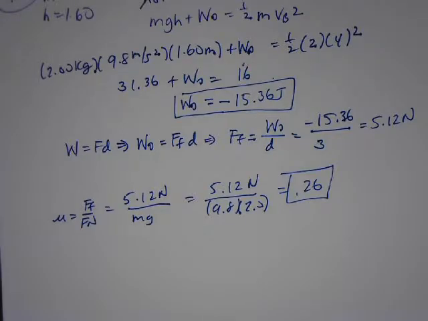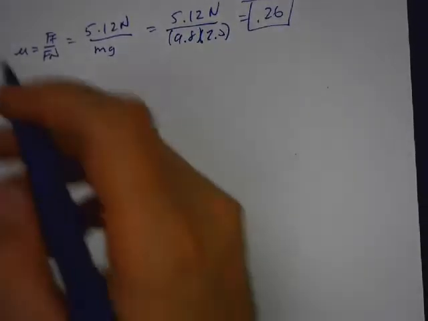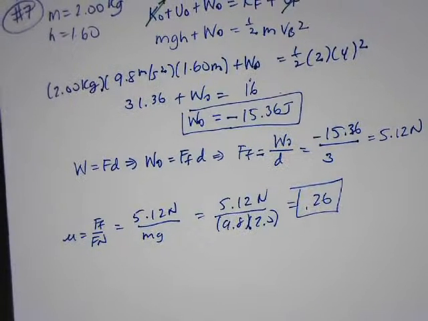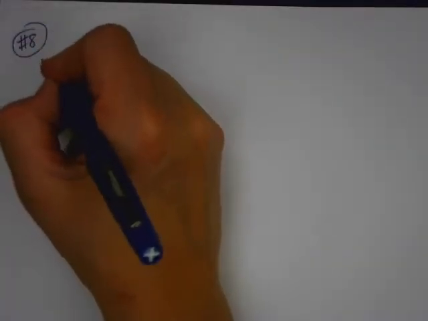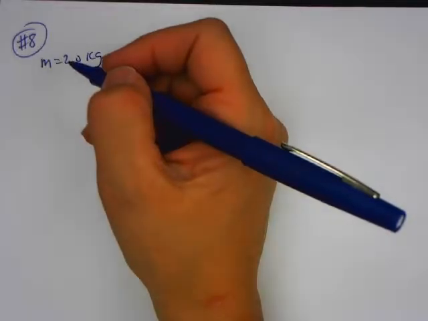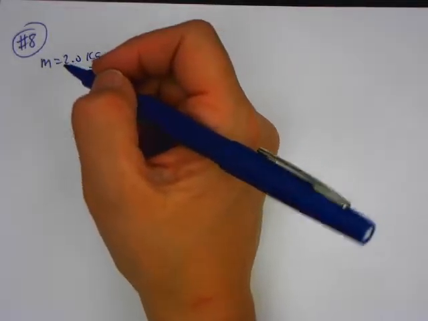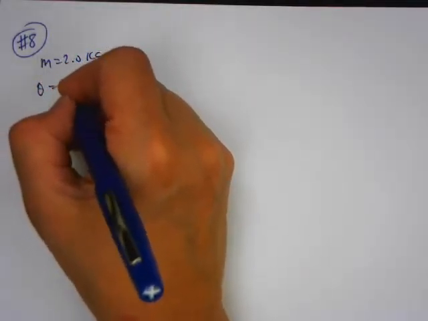So number 8 has a free body diagram. So number 8, I guess I need new paper. Okay, so let's look at number 8. It said a wooden box with a mass of 2 kilograms is placed against a compressed spring at the bottom of an incline that has a slope of 37 degrees.